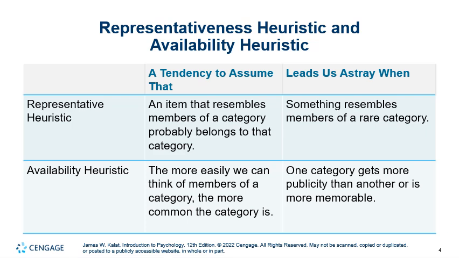We're led astray because of the resemblance of members of a rare category, making us think that it should be part of the scheme. And in availability heuristics, we can get an error in terms of one category getting more publicity than the other, so therefore it's more memorable, even though it might not be more realistic.